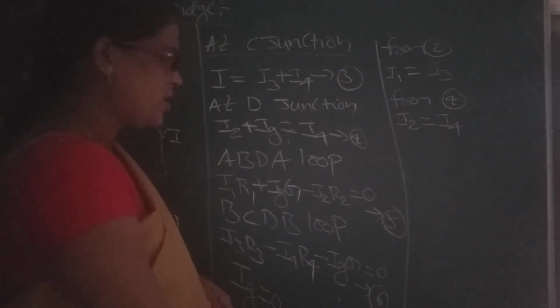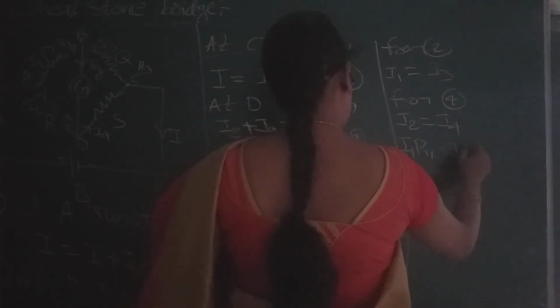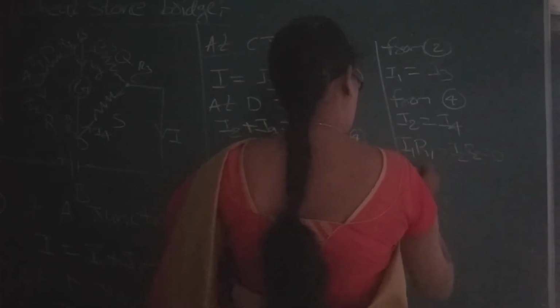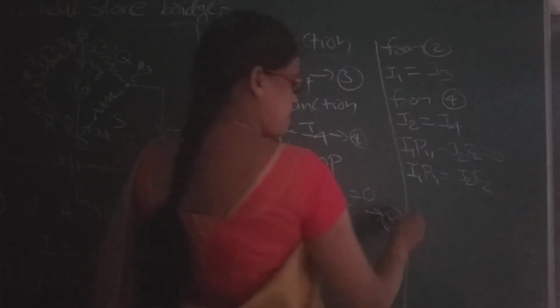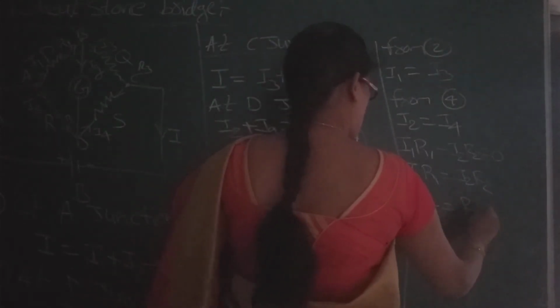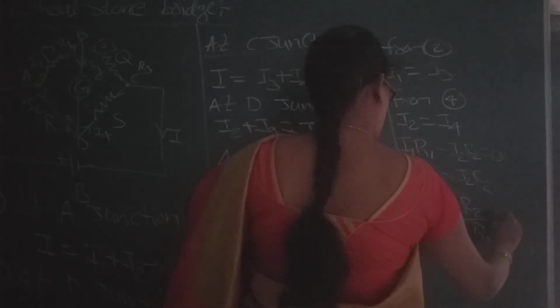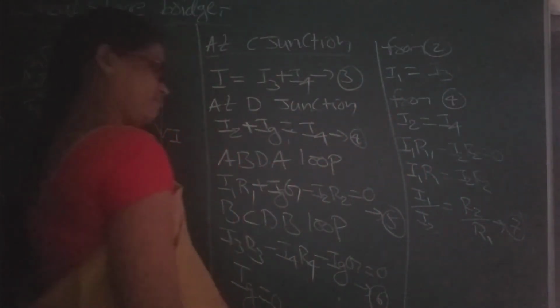From equation 5, I1 R1 minus I2 R2 is equal to 0. That means I1 R1 is equal to I2 R2, so I1 by I2 is equal to R2 by R1. Equation number 7.